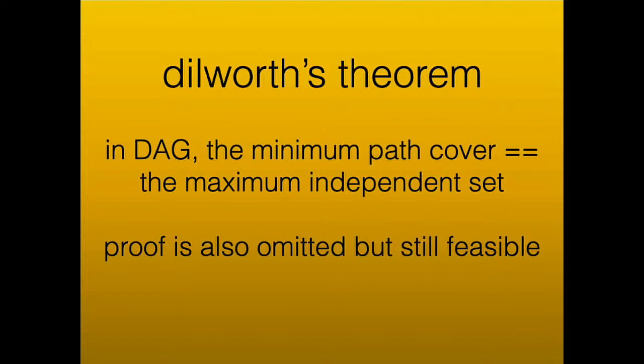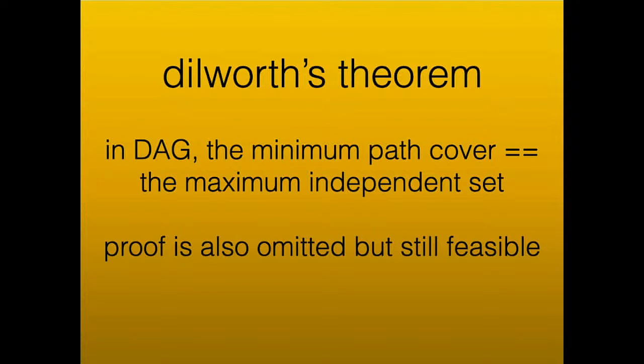The maximum independent set in this sense is where you choose several nodes such that for each pair of nodes there is no edge in any direction, from U to V or V to U. And again, you can find the minimum path cover using bipartite matching, so you can also find the maximum independent set in a directed acyclic graph.